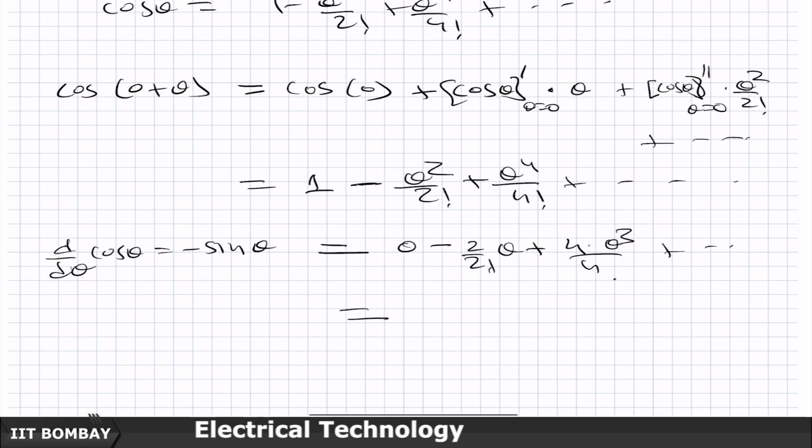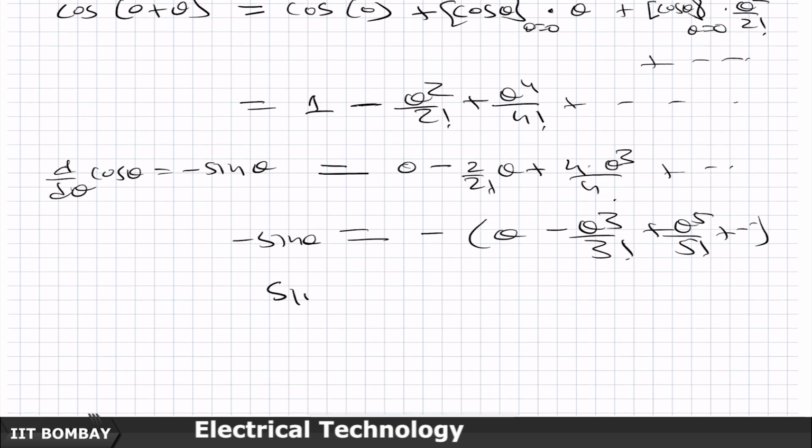Therefore, minus sin of theta will be equal to minus theta plus theta cube by 3 factorial minus theta to the power 5 by 5 factorial, and therefore, sin of theta will be theta minus theta cube by 3 factorial plus theta to the power 5 by 5 factorial and so on.